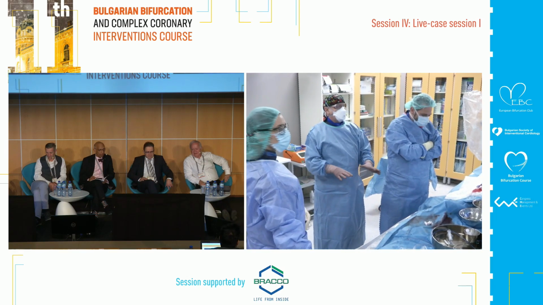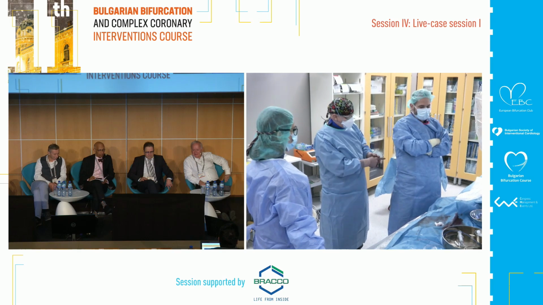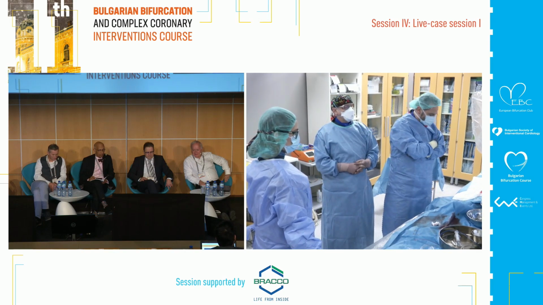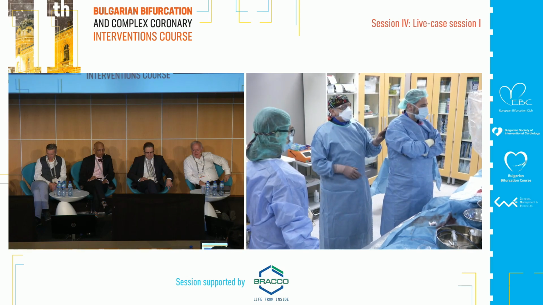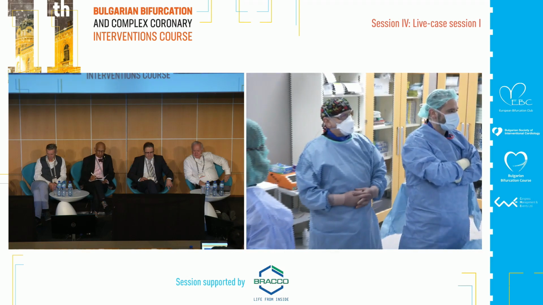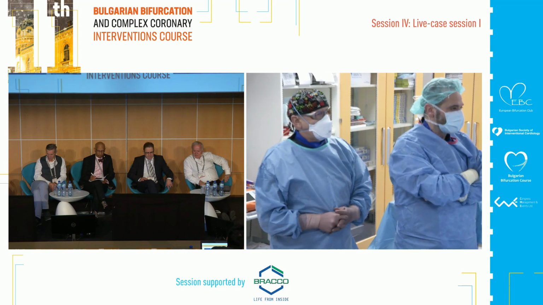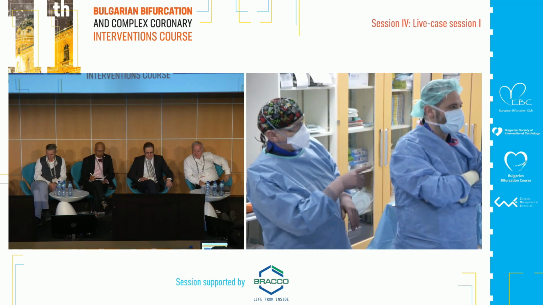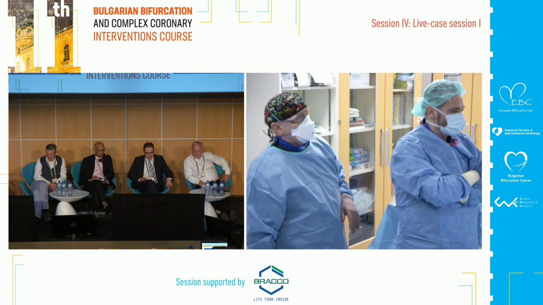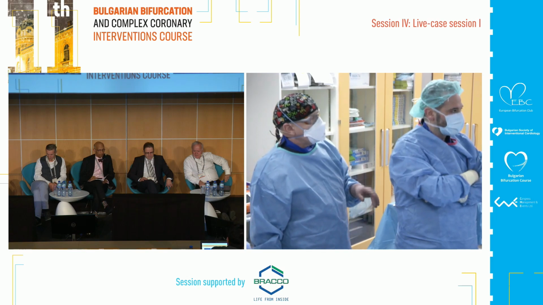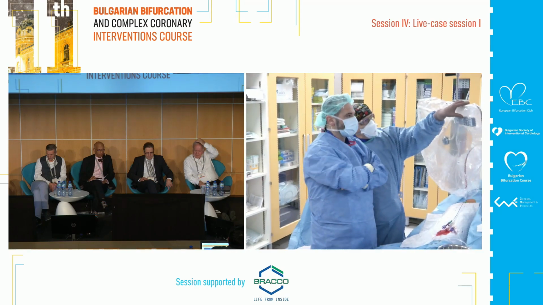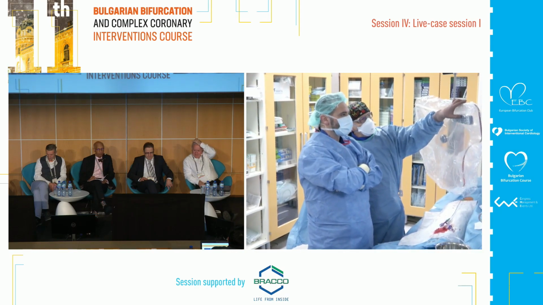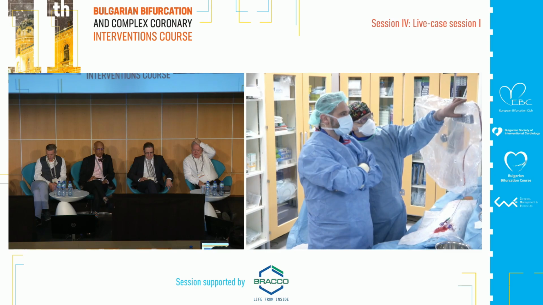Yes. Now we have the setting, and what we have done, you know the case. Gianluca has already cannulated the right coronary. We have a wire downstream, and we are going to show you the angio with the guiding catheter. Can we play this? We don't see anything for the moment.